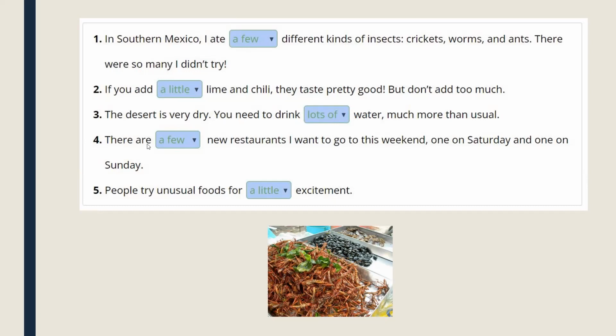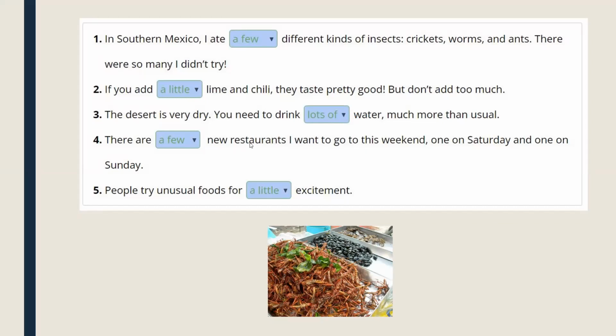Number 4, there are a few new restaurants I want to go to this weekend. One on Saturday and one on Sunday. So small amount, affirmative, and countable because new restaurants is plural.